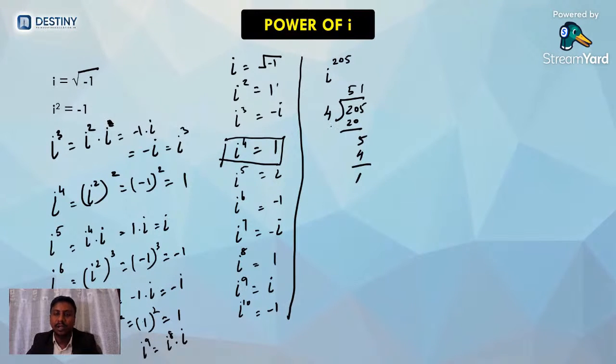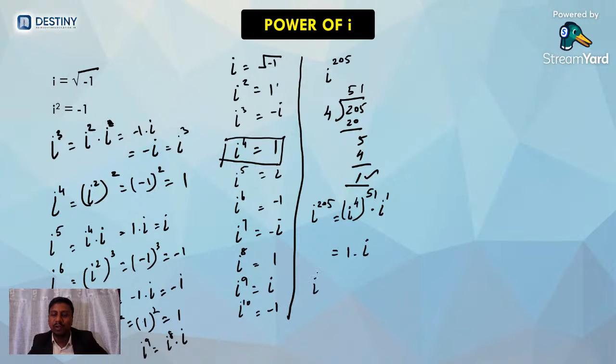So I can write i power 205 as i power 4 into 51, times i power 1. So it will become 1 and i. So i power 205 will become i. Did you understand this concept?